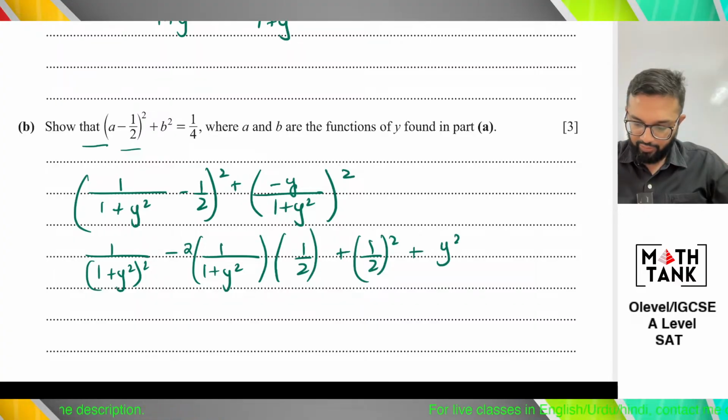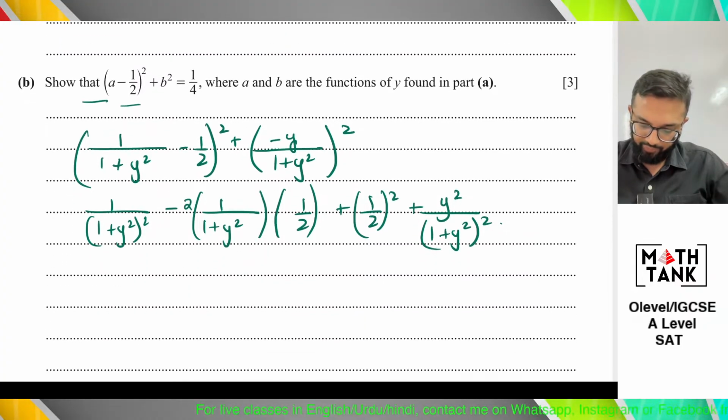Then this becomes numerator y squared and then 1 plus y squared, squared in the denominator.